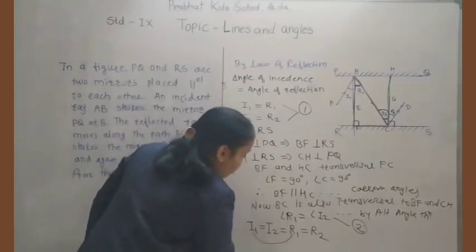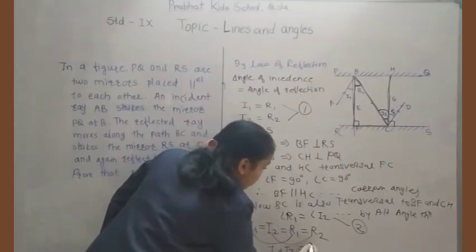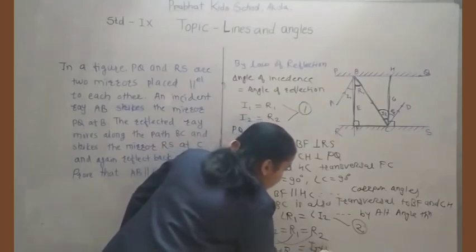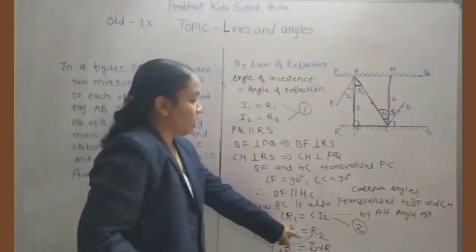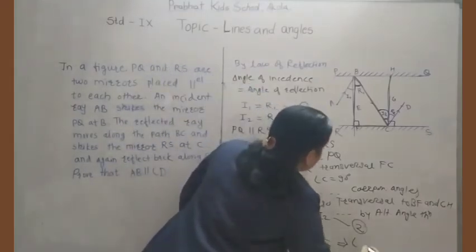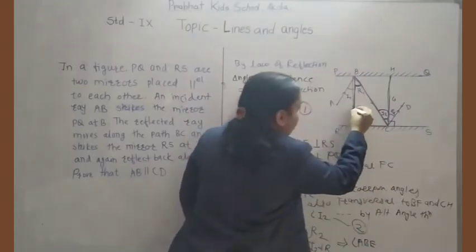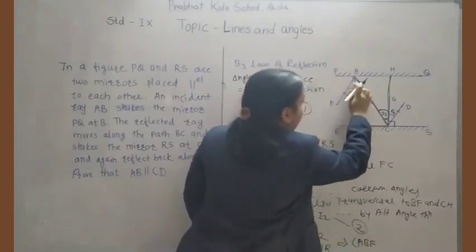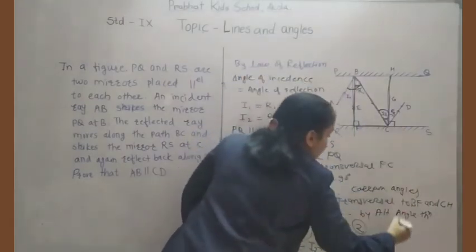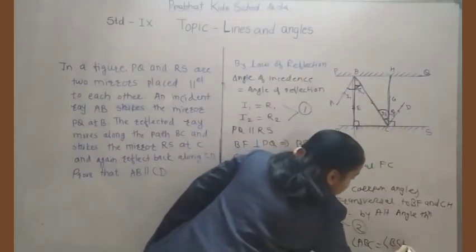Now if I make pairs of these, I1 plus R1 and I2 plus R2 are equal, since equals are added to equals. This implies that angle ABC is equal to angle BCD.